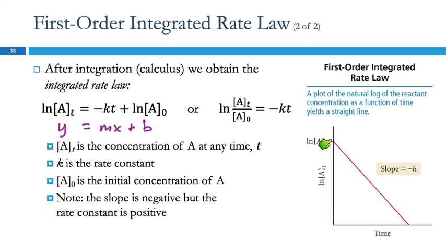The y-intercept here tells us what the initial concentration was, and the slope is equal to -k. The slope is negative, the rate constant is positive, right? So we multiply by -1. Any questions?